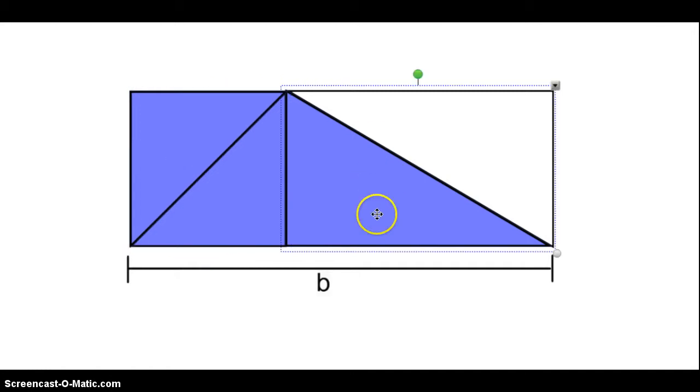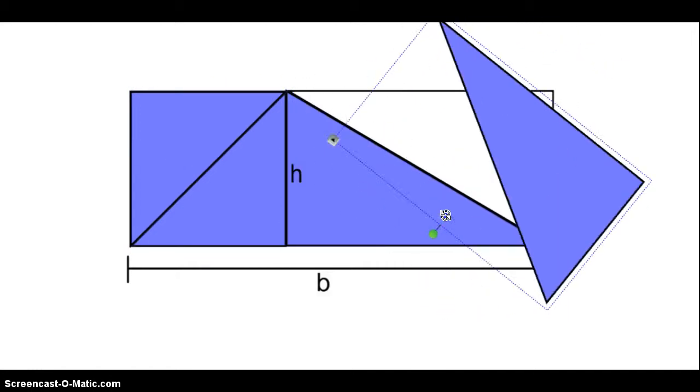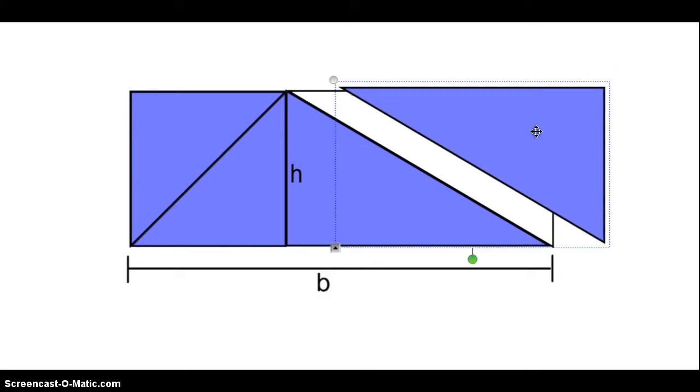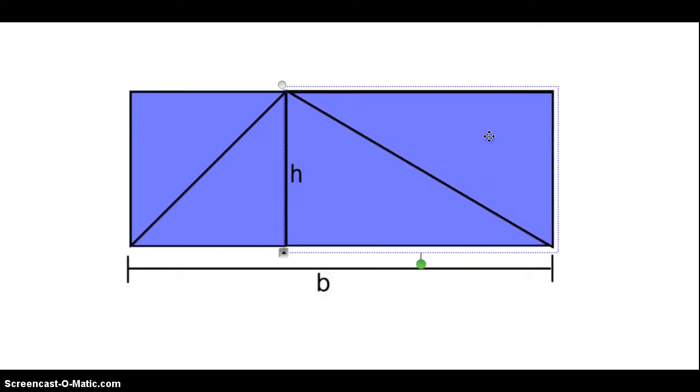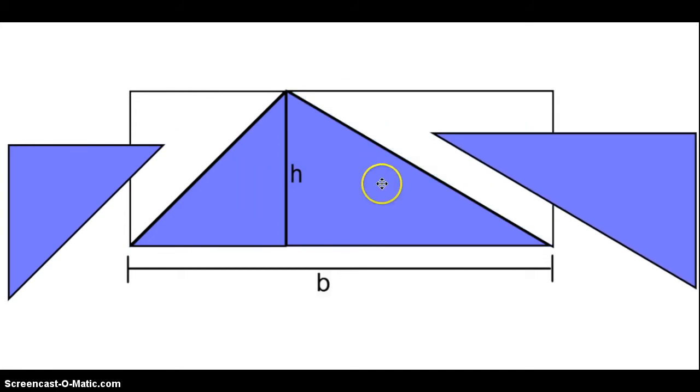I'm going to duplicate this triangle, rotate it, and it fits right inside. And we just created a rectangle whose area is base times height. But when we remove those duplications, or the doubling of each of these pieces, we have half of the rectangle, which is then 1/2 base times height. Pretty cool.